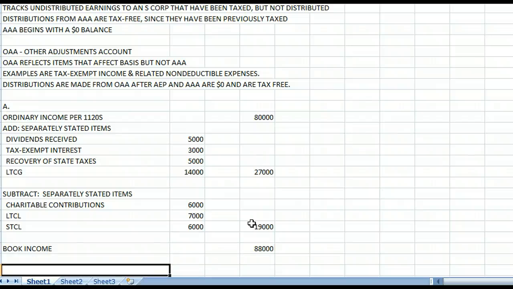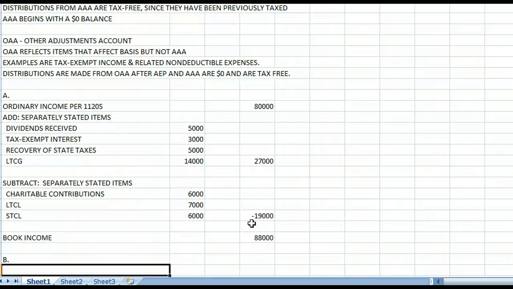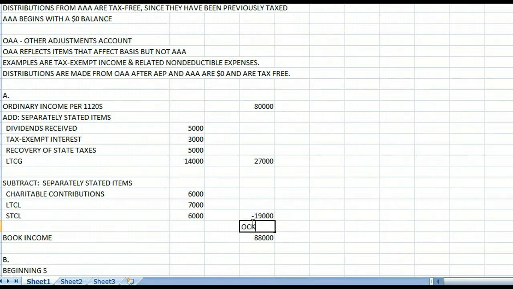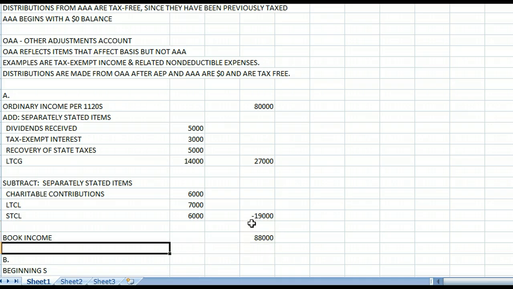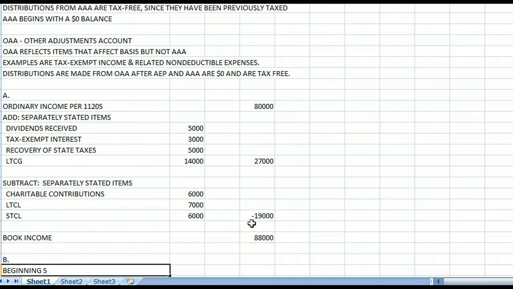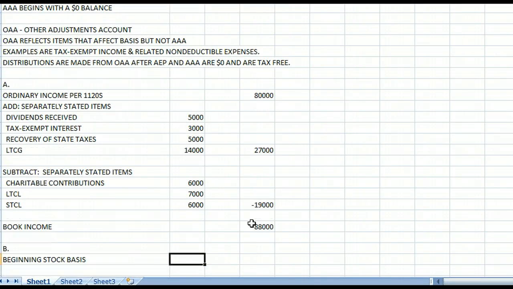Okay. Let's jump down to B. Right, this is Johnny's. So let's look at what his beginning stock basis is. It's given to us in the problem that Johnny's beginning stock basis is $32,000.